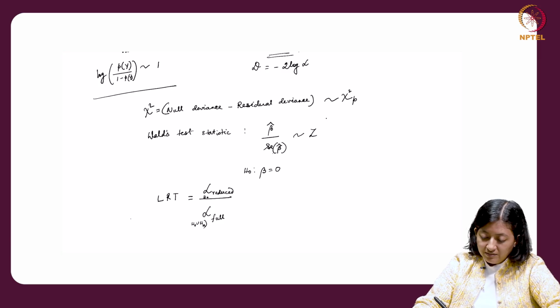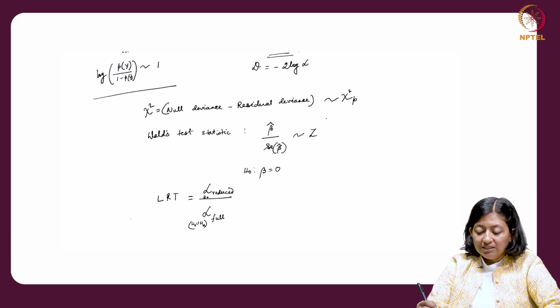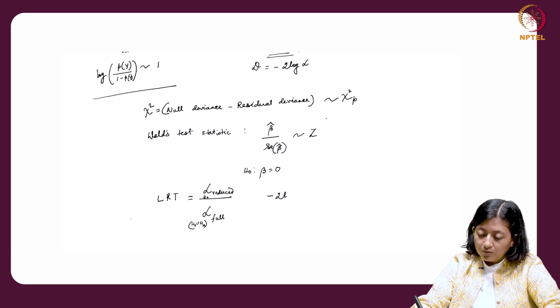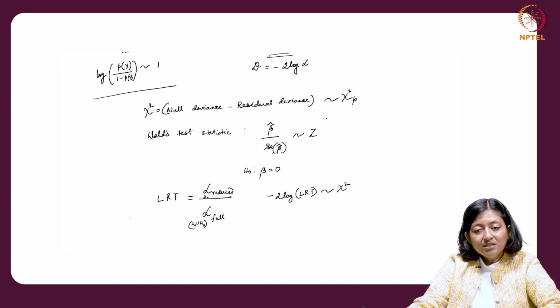So to get the likelihood ratio test statistic, we have to first maximize for beta hat under the full model and then maximize the likelihood under the reduced model. Minus 2 log of this likelihood ratio test follows the chi-square distribution.